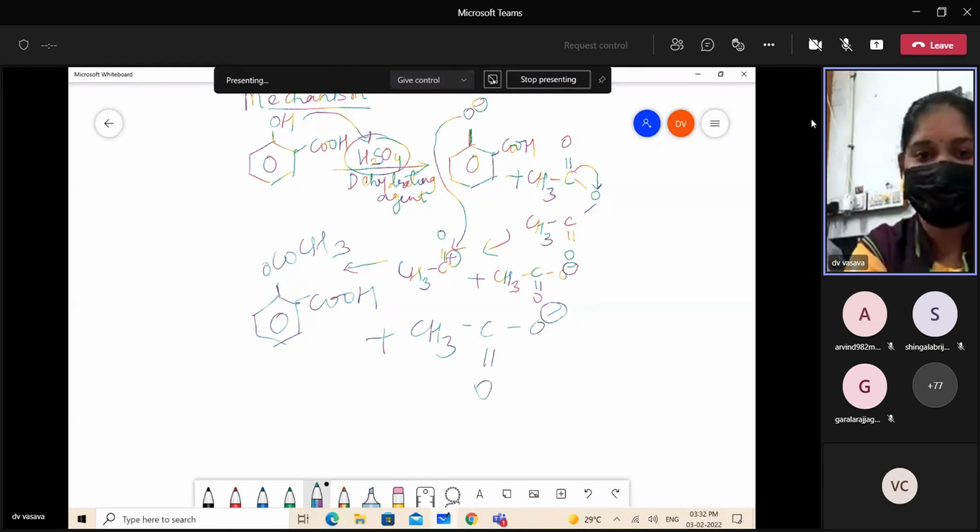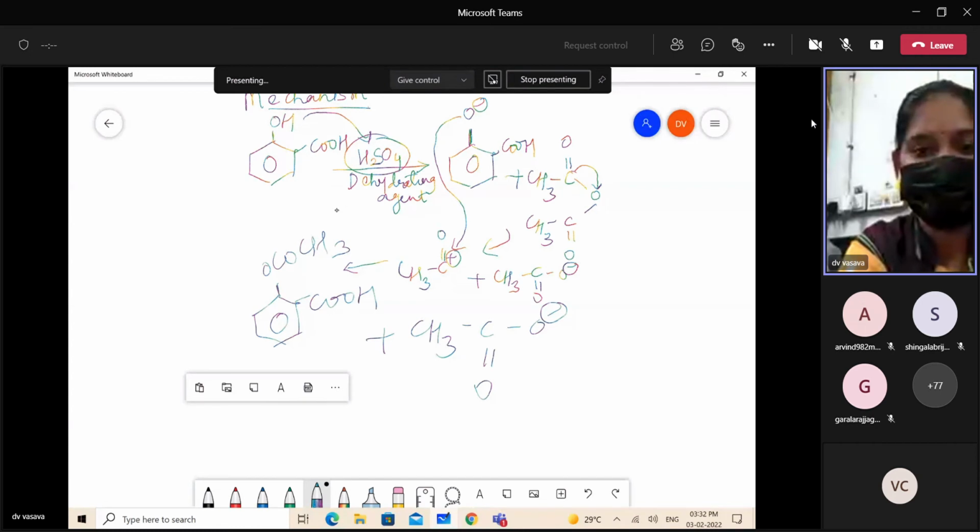Now this O minus, and the H2SO4 that has abstracted the proton, that is H plus with the positive charge.